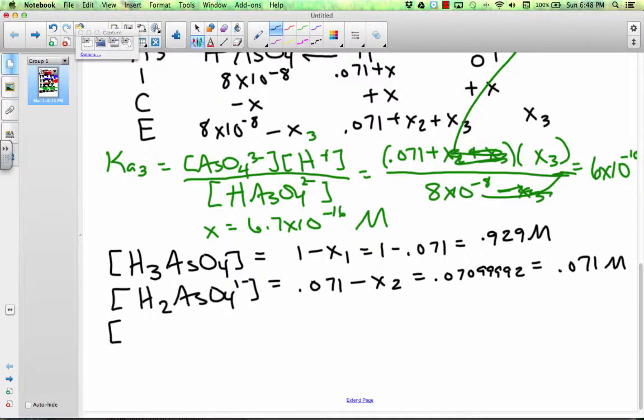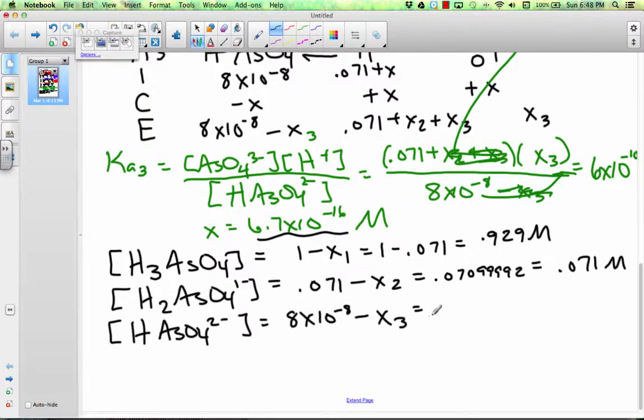And then I have hydrogen arsenate. That's the one that's a 2 minus. And that was 8 times 10 to the minus 8 molar, but we lost some of it in the third dissociation. But remember, the third dissociation, x was like 10 to the minus 16. So this is like ridiculous. Look, here's what I get: 7.999999933.